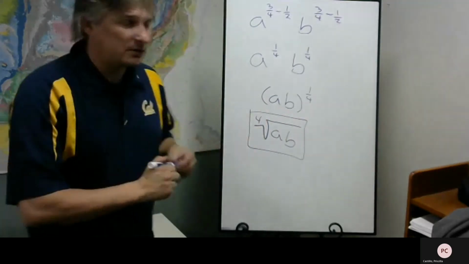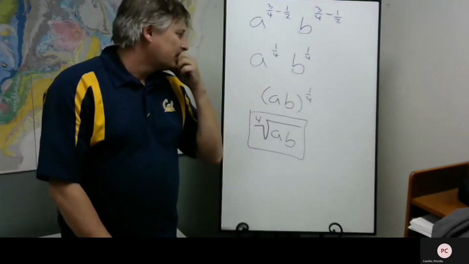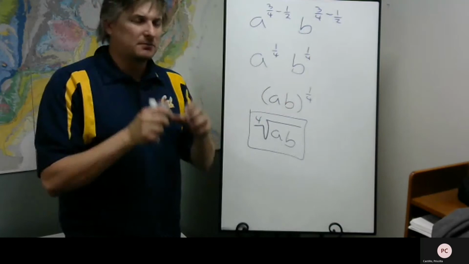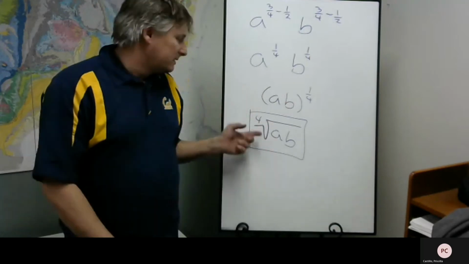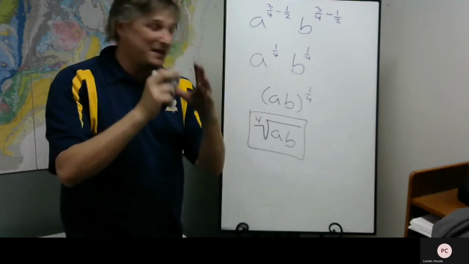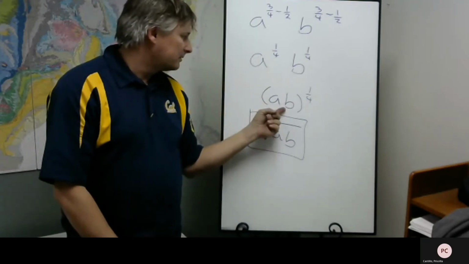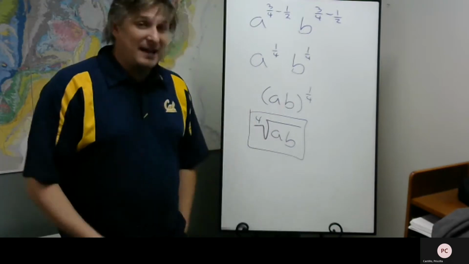So what they're doing here, you could say root 4 of A, root 4 of B, but they'd want you to merge those together. So the idea is that in the end, our solutions are in root form and as few roots as possible. If we could take 2 roots and have them be 1 instead, go from here to here, then take the root, that's the ideal. So that's it for the day.